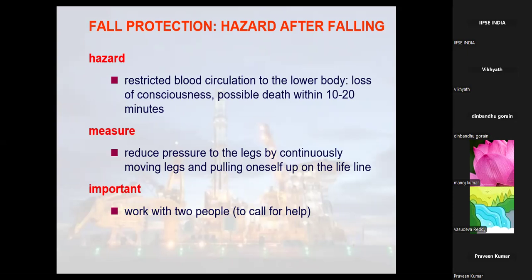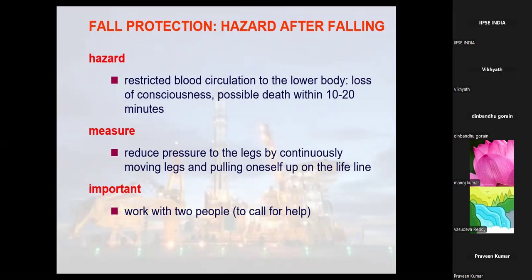Now see, even if a person is wearing a safety harness, if he falls there is a possibility that he may die. The reason, what he is telling here, is that if the person falls and does not don the safety harness properly, then suspension trauma may be more and because of that he may die.